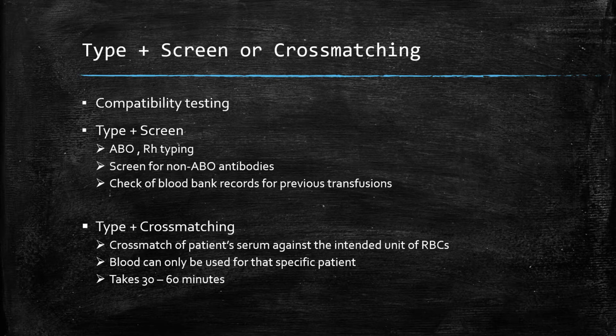If you just want to be safe and get the process started, but you don't think a transfusion is terribly likely, then a type and screen is often appropriate. The full type and cross-matching process can take anywhere from 30 to 60 minutes, depending on your blood bank's efficiency.